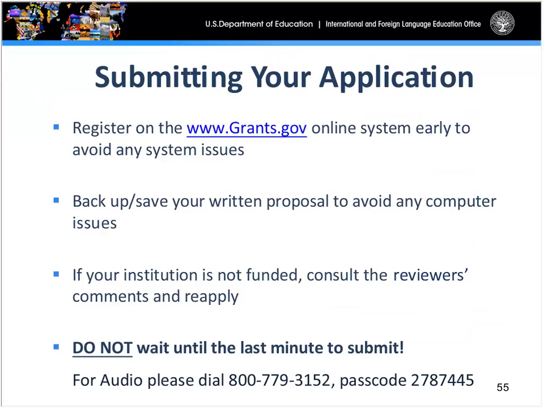If they're not named correctly, if they have any special characters, anything of that sort, it may not be able to be uploaded. So you want to make sure that you are following that instruction. Back up and save anything that you wrote, just to make sure that if there are any issues, you have a backup.